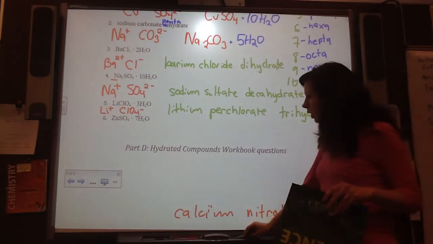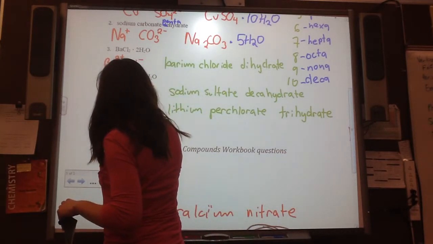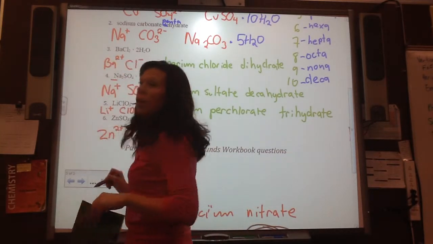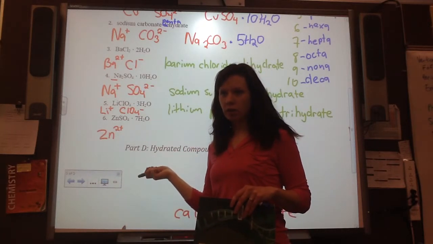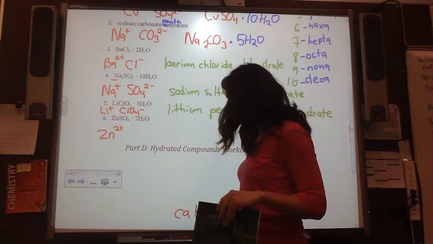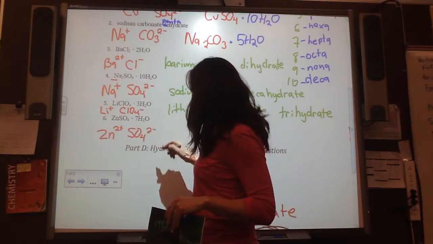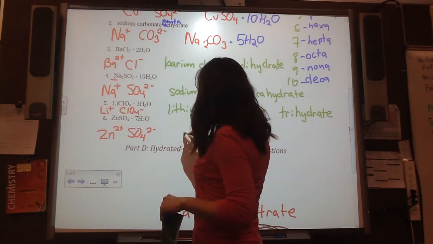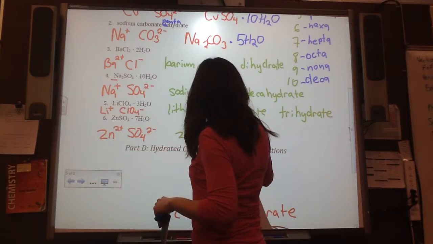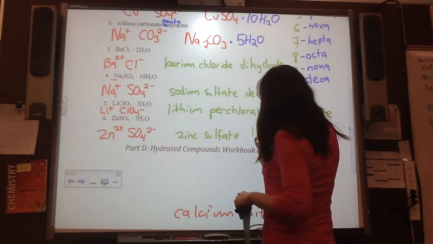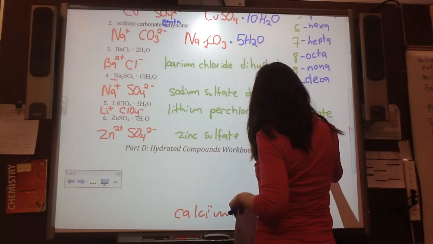Okay, and the last one, Zn. It said 0. I must have missed one at the end? You guys have another? Yeah, number 7. Okay, and SO4 2-. So this is zinc sulfate heptahydrate.